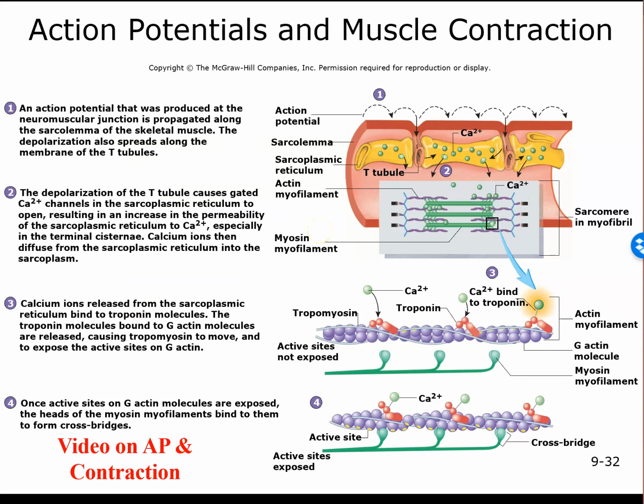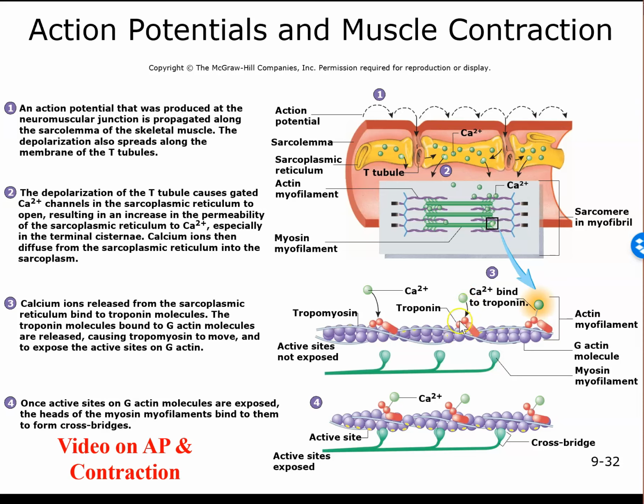So let's get a little bit better visual as to how this all takes place. We got that action potential propagating across the sarcolemma. It's traveling down the T-tubule, and you'll see in an upcoming slide that there are calcium-gated channels in the SR here in order to open and allow the calcium to move out and reach the troponin, which is in red here.